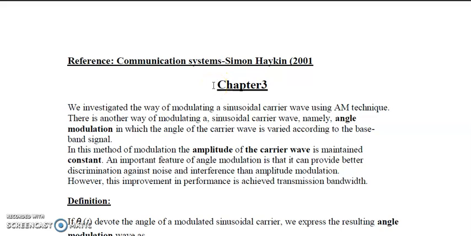As we already know, we have understood the amplitude modulation technique in the class.